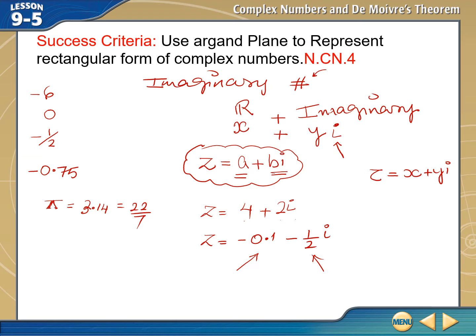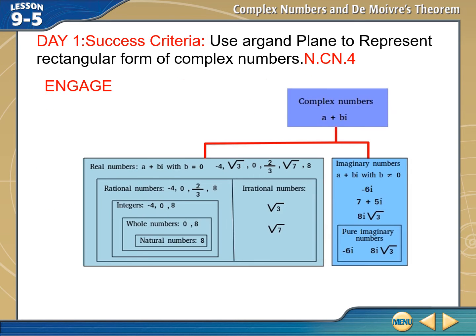Now for your understanding, we can denote the complex number in the form of a plus bi, where a and b are real numbers, and real numbers can be rational numbers, integers, whole numbers, natural numbers, anything. Even if I am writing here 2 and 2, it can be made a complex number by thinking that the imaginary part is 0, so 0i, and anything multiplied by 0 is 0.